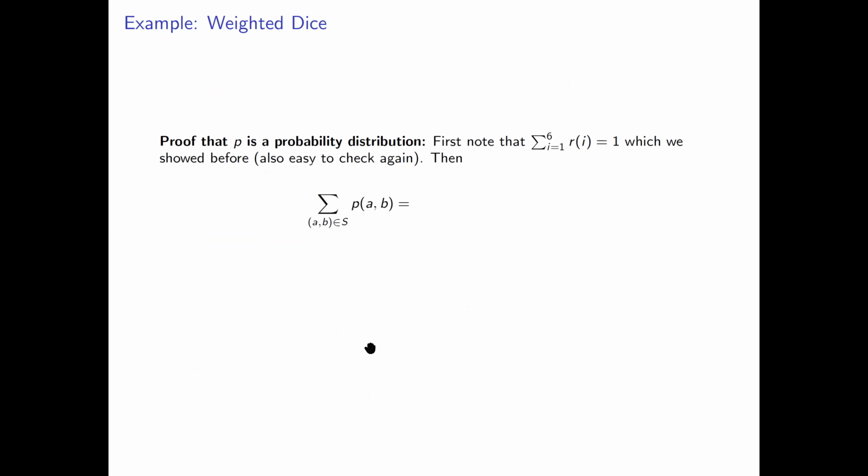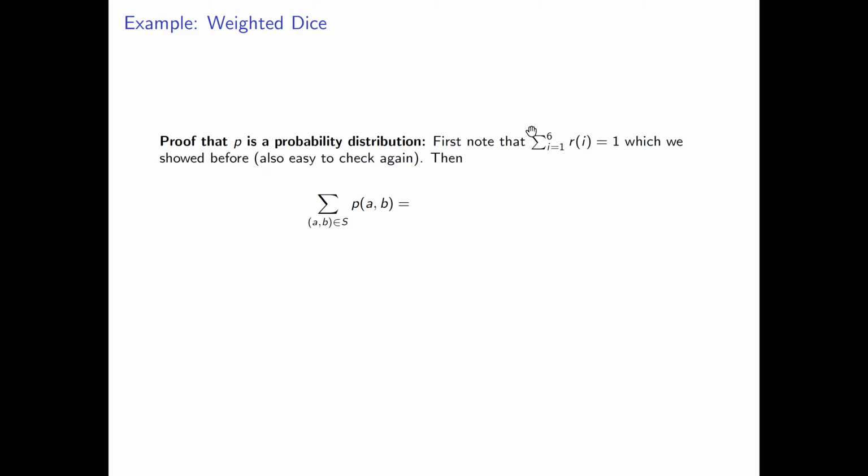Let me go through the proof. What do we have to show in order to prove that P is a probability distribution? We have to show that if I sum up the values of P over all the elements of the set S, meaning over all possible ordered pairs of rolls, I get exactly 1.